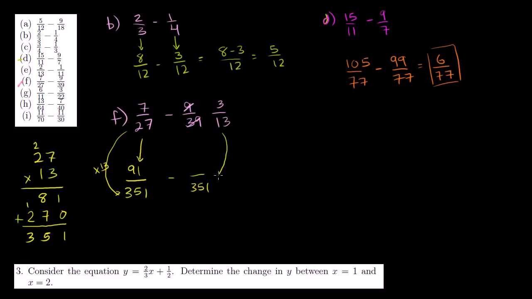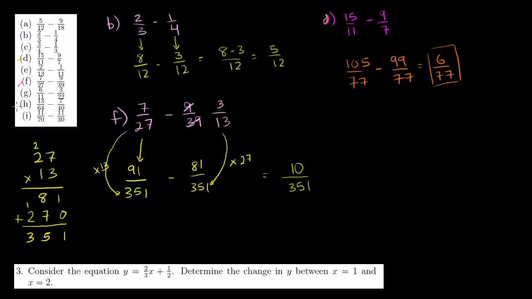And to go from this 13 to 351, we had to multiply by 27. So on the numerator, we have to multiply by 27. 3 times 27, that is 60 plus 21, that is 81. And so our answer is going to be over 351. And 91 minus 81, well, that's just 10. And then we are done.